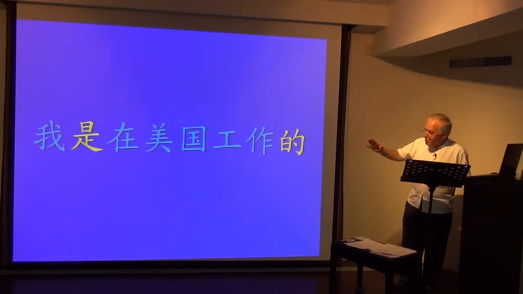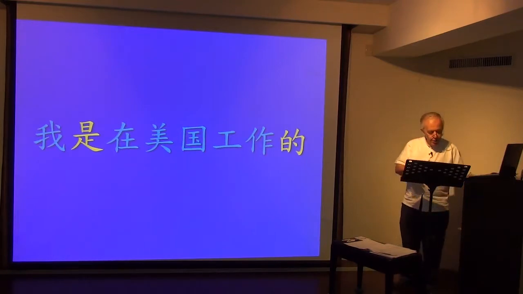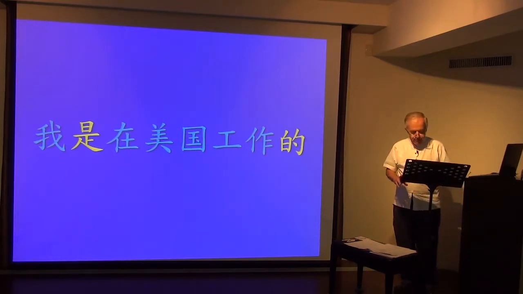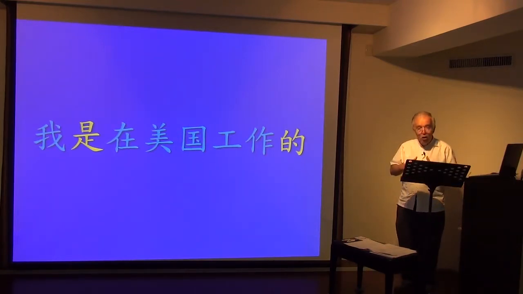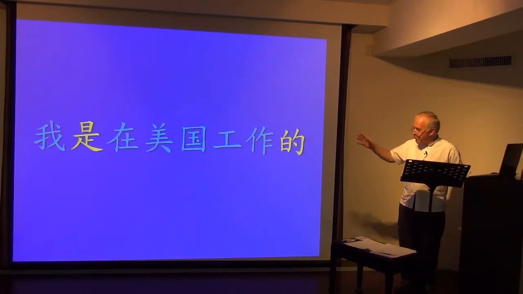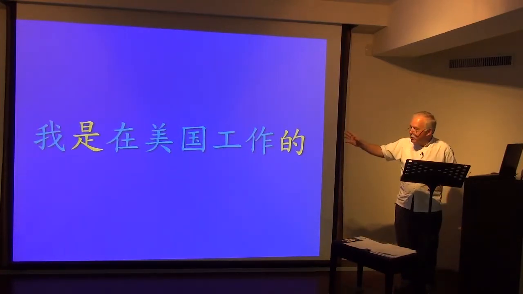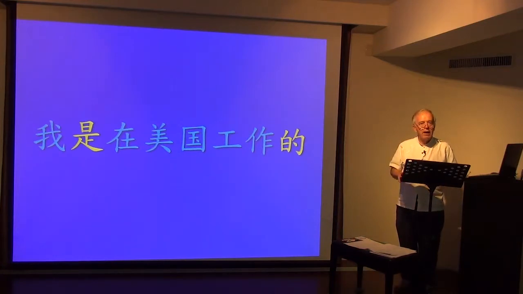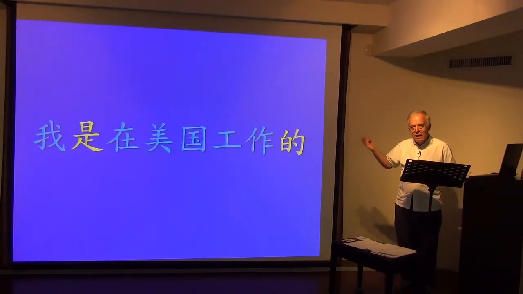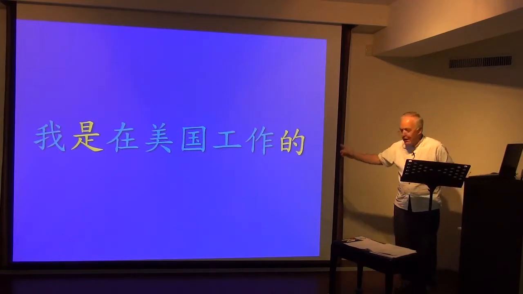Now, 是 can be used without 的, also for emphasis. 是我没说清楚，不是你没听清楚. So 是 can be used without 的 for emphasis, and also 的 can be used without 是 for emphasis. 我会告诉他的. Okay? The 的 there emphasizing that I'm going to tell him. 你放心，我会告诉他的.